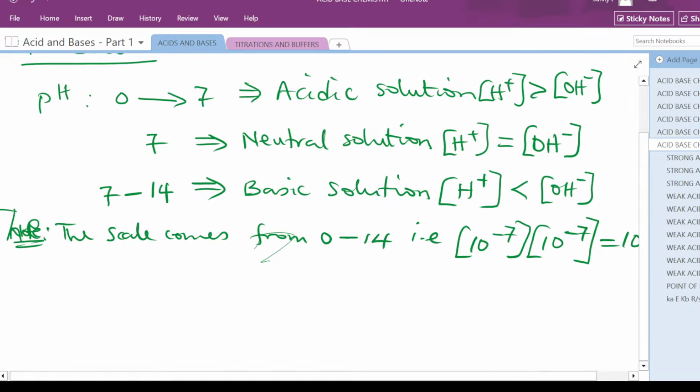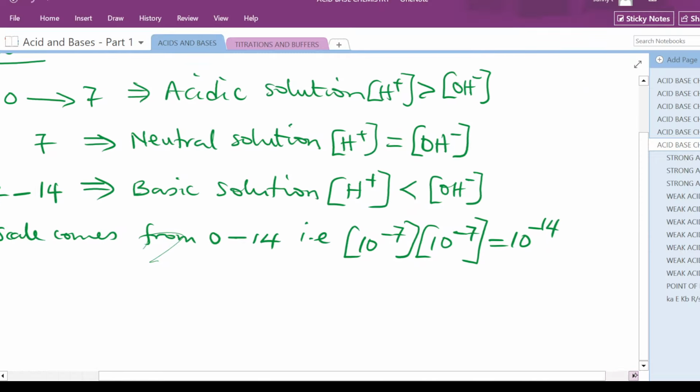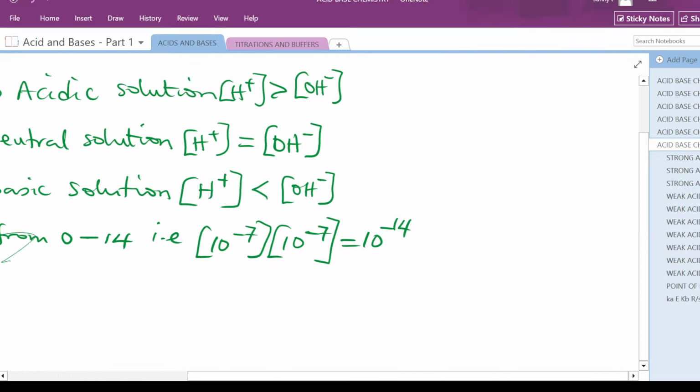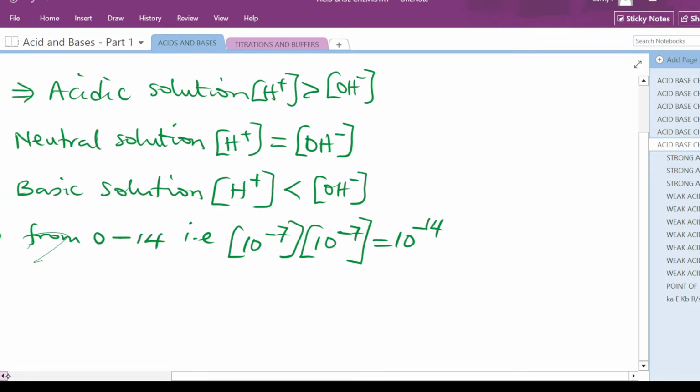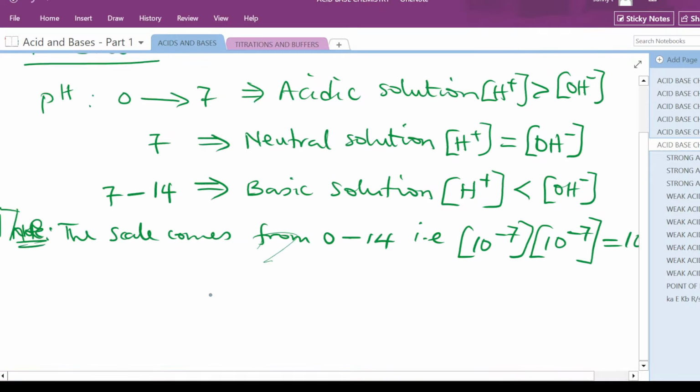Alright, so that's basically it, and the pK actually comes from 0 to 14, and that's 10 raised to power minus 7, which you saw earlier as 1.0 times 10 raised to power minus 7, is actually from the concentration. 10 to minus 7 multiplied by 10 to minus 7 will simply give you 10 to minus 14. So that's what we see right there.